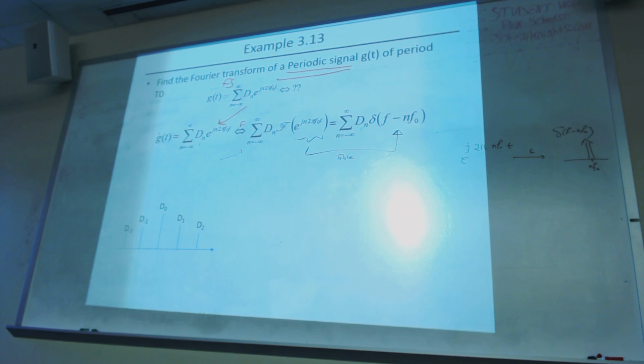So for this signal, which was periodic, if that was the Fourier series, from this formula, see, it says instead of dn just being alone, it is multiplied by the corresponding delta. So d0 is multiplied by delta f, d1 is multiplied by a delta shifted by f naught.